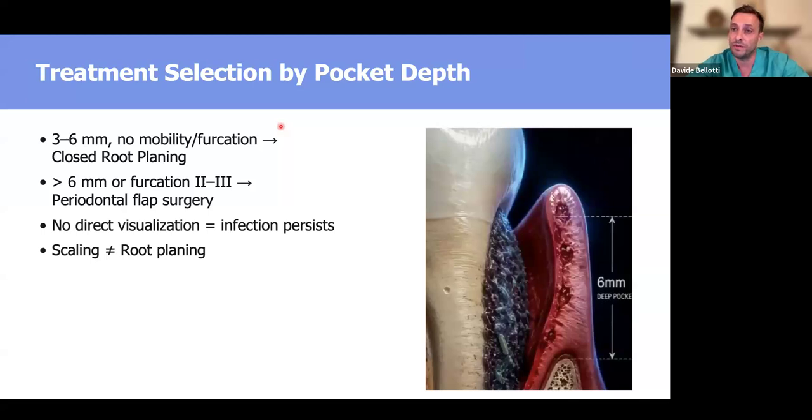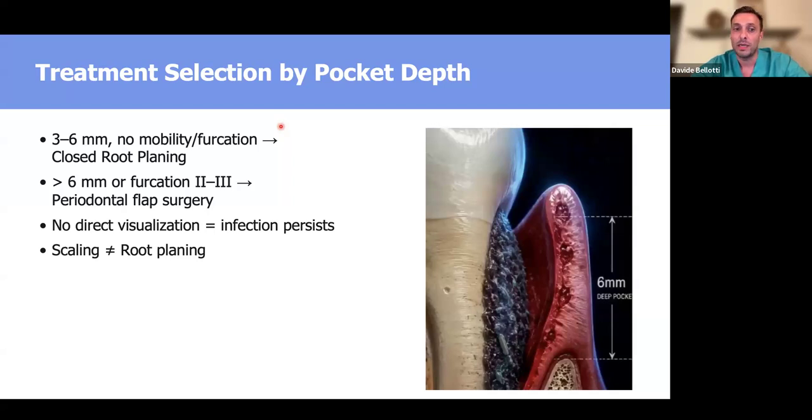The first goal of closed root planing is to clean thoroughly the pocket. And many studies show us that pockets of more than 6 millimeter are very difficult to clean without creating a flap. That's because we don't have direct visualization, and if we leave plaque or tartar or debris, infection will persist.